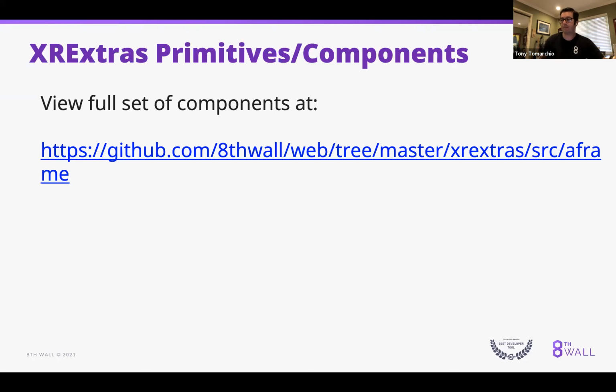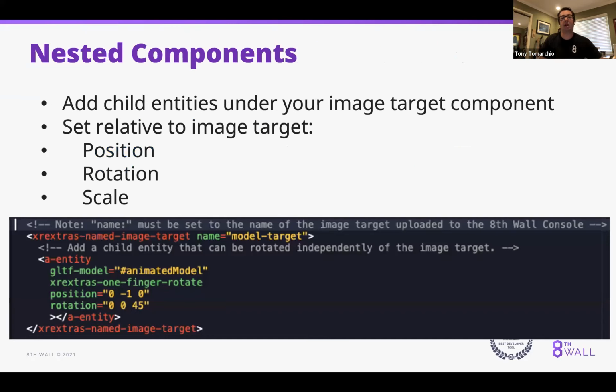Okay, so next we're going to talk about nesting components. This is really useful for situations where you want to position, rotate, or otherwise manipulate your content so that it's not exactly on the image target itself.